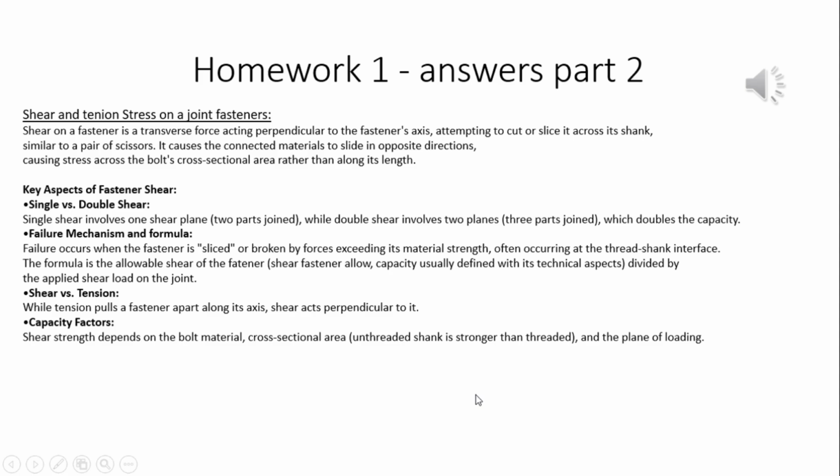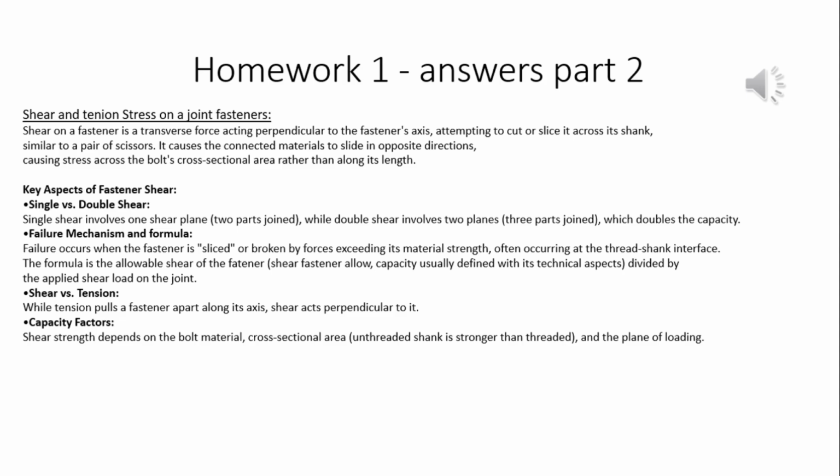So, shear and tension stress on joint fasteners. We were checking the shear and tensile stresses on a plate, but what about the fasteners at the joint? Shear on a fastener is a transverse force acting perpendicular to the fastener's axis, attempting to cut or slice it across its trunk, similar to a pair of scissors.